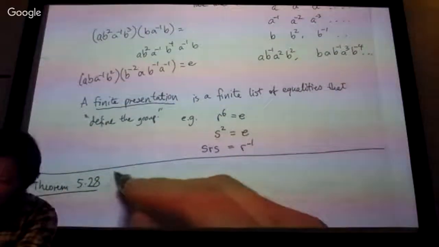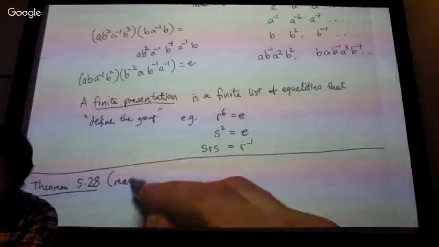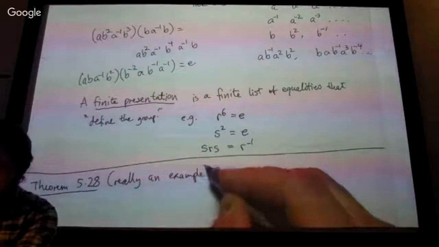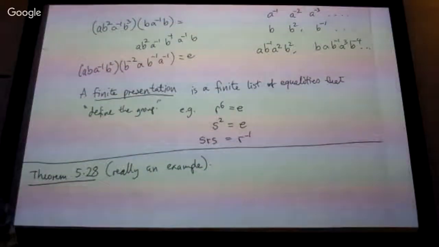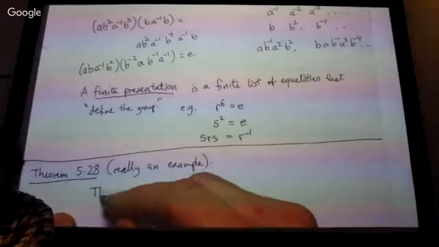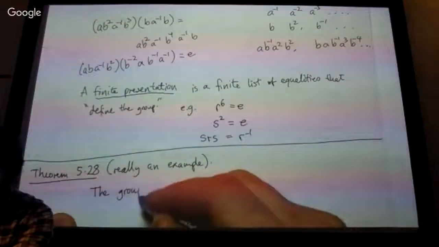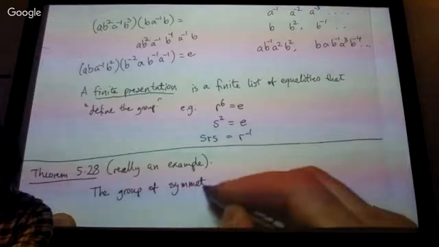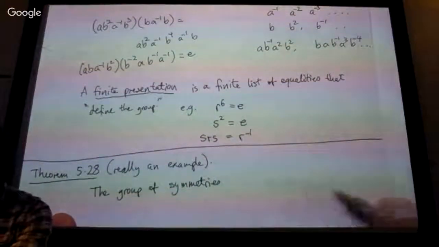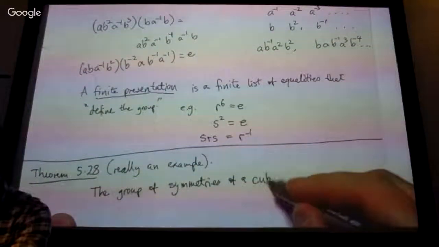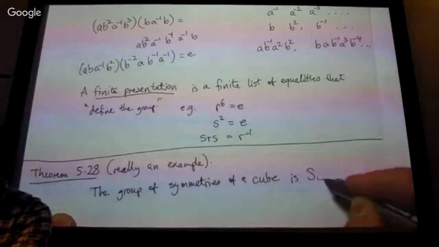But it really is just an example, rather than a theorem, that the group of symmetries of a cube is S4.